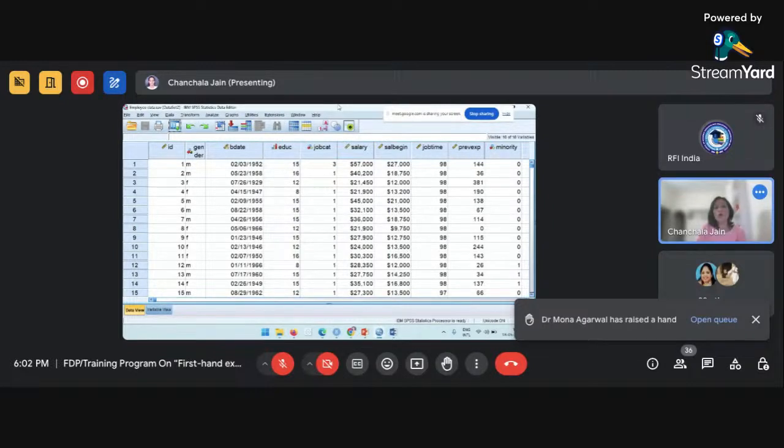So friends, here you can see we have so many variables listed in this data file of the SPSS. Suppose I take the salary variable and the second variable as gender. Using these two variables, if I want to see the difference in salary as per gender, can anyone tell me how to formulate the null hypothesis?